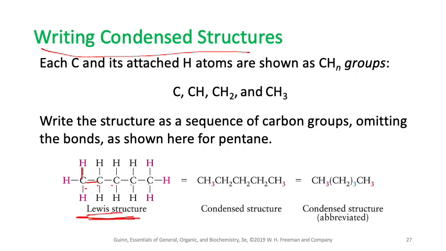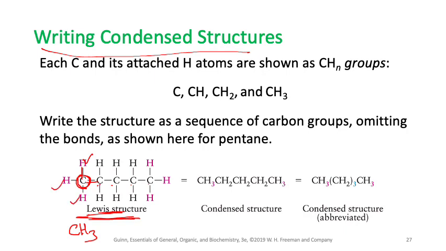So this is the Lewis structure way of writing. But to write a condensed form, we usually don't show the bonds, we just show the atoms. Let's start with this carbon. How many hydrogen are attached to this carbon? 3 hydrogen. 1, 2, 3.